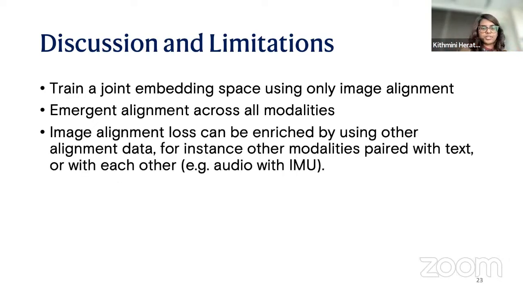So here, contrastive learning is used only with image, where they pair image features with different modalities. If you could have alignment data between each of the other different modalities, they claim that their embedding space would improve.